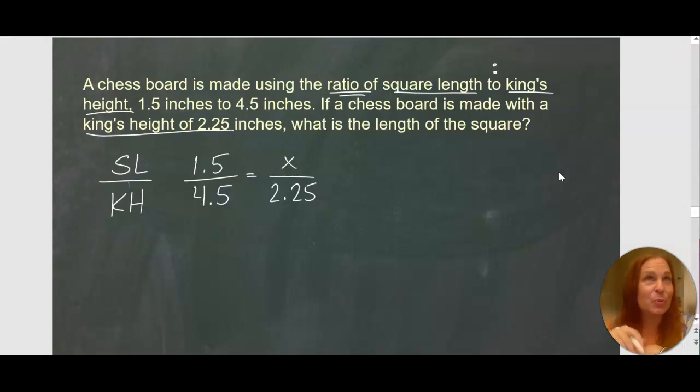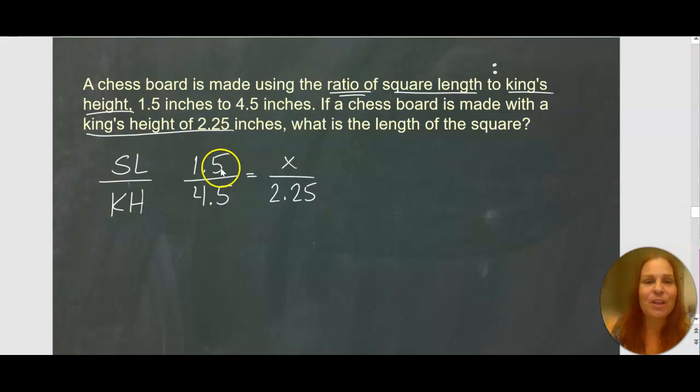So I could just do 1.5 divided by 2. And that's true. That will get us the answer, just like we looked at before with creating these equivalent fractions. But I'm going to show you the cross products method for those of you who maybe don't always see the pattern, right? This is the method that whether or not you see the pattern, it will always work, okay, 100% of the time.